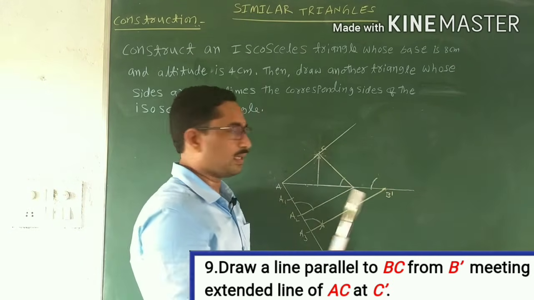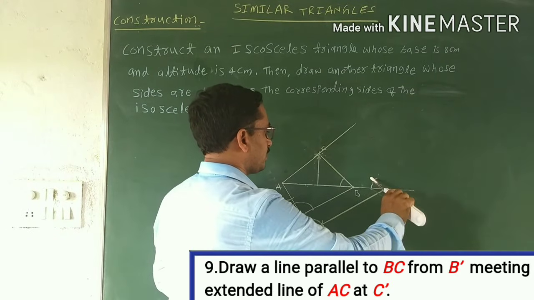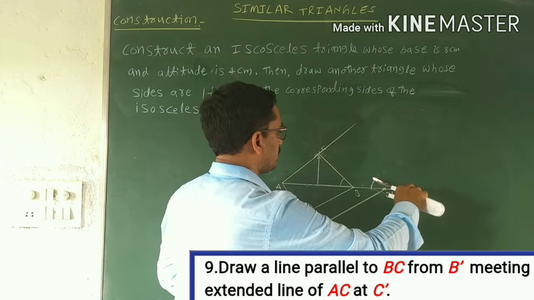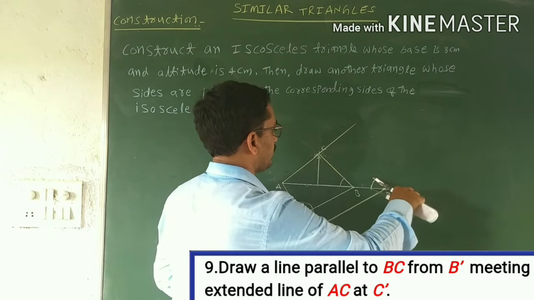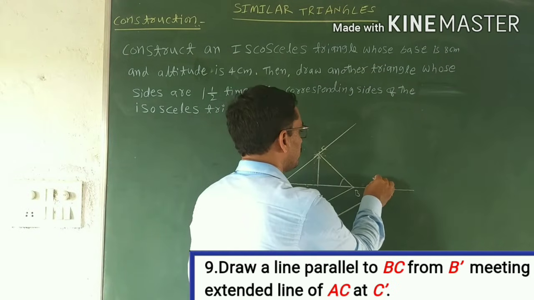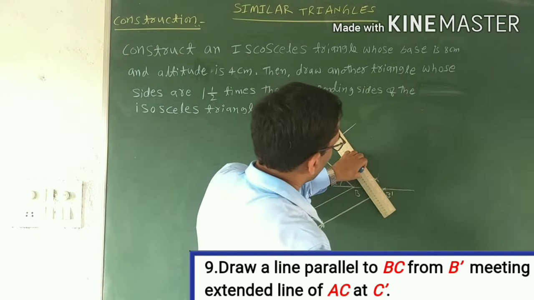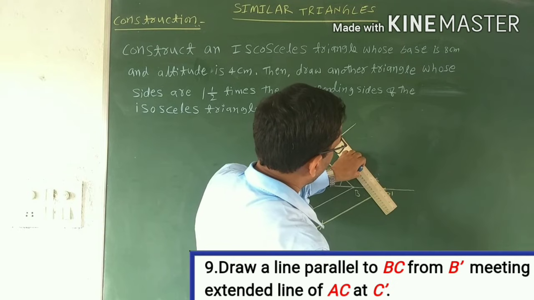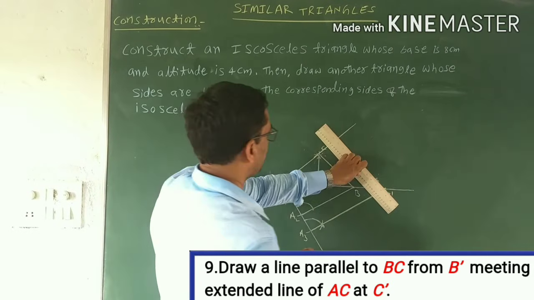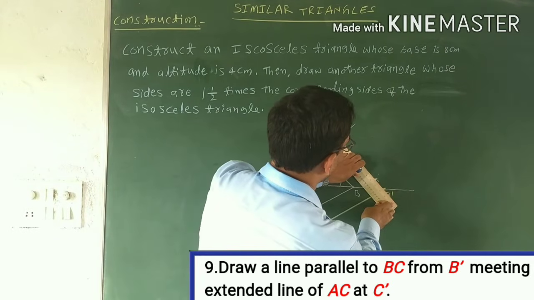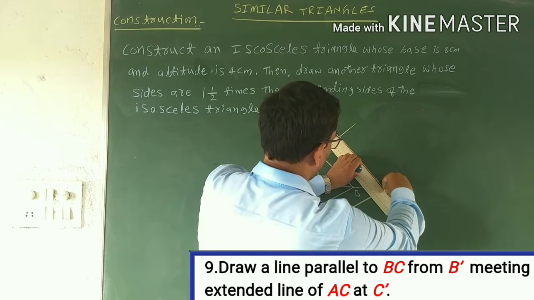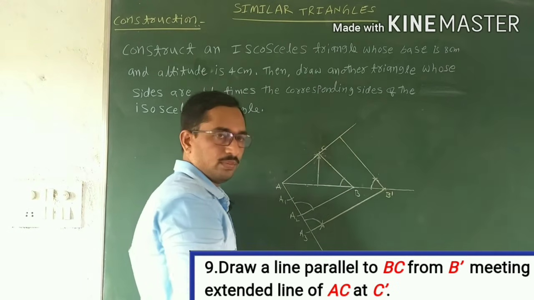By taking this length, cut the previous arc drawn from B dash. Look at the point of intersection of the two arcs. Now draw a line through B dash and the point of intersection of the arcs, which is parallel to BC.